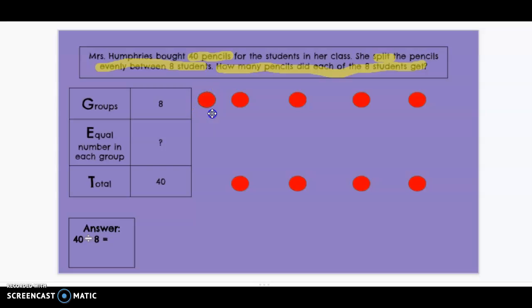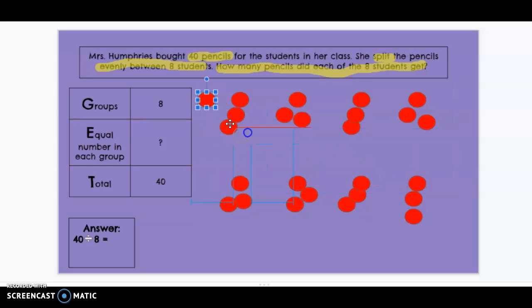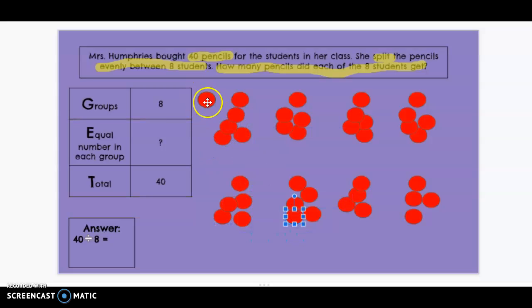So there's 8 already, 9, 10, 11, 12, and so on, counting up through 30, 31, 32, 33, 34, 35, 36, 37, 38, 39, 40. Okay, I've hit my total of 40.